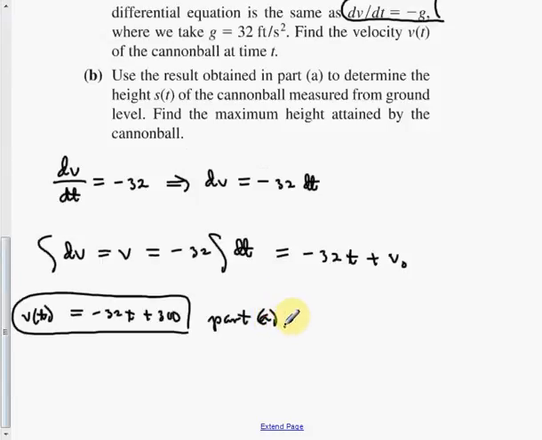So part B, it says use the result obtained in part A to determine the so-called height. How do we get the height equation from the velocity equation? Let's integrate, yes.